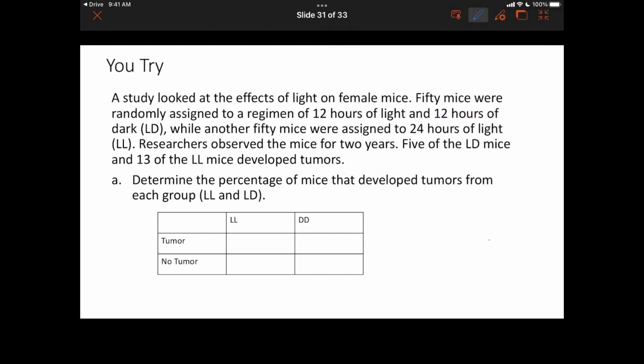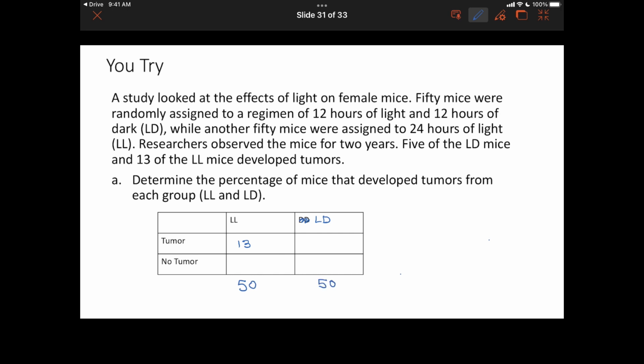So let's fill in the table here. We're told that 5 of the LD mice and 13 of the LL mice developed tumors. Whoops, and I've got DD here. Let's change this to LD. Okay, so the LL mice, we had 13 that developed a tumor. There were 50 mice total in each group.